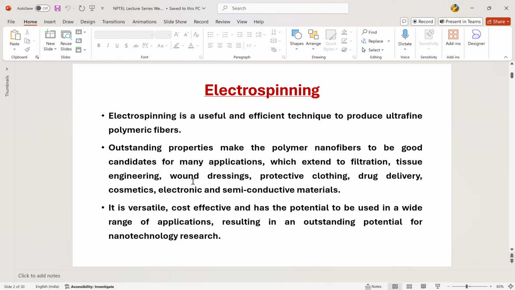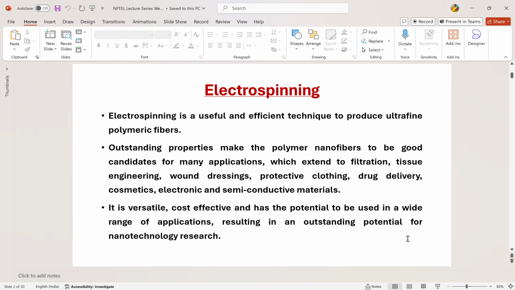You know, silver nanoparticles have antibacterial properties, right? You know this? Silver nanoparticles have antibacterial property. Yes, we are using it in dressings. Okay, yes, correct.